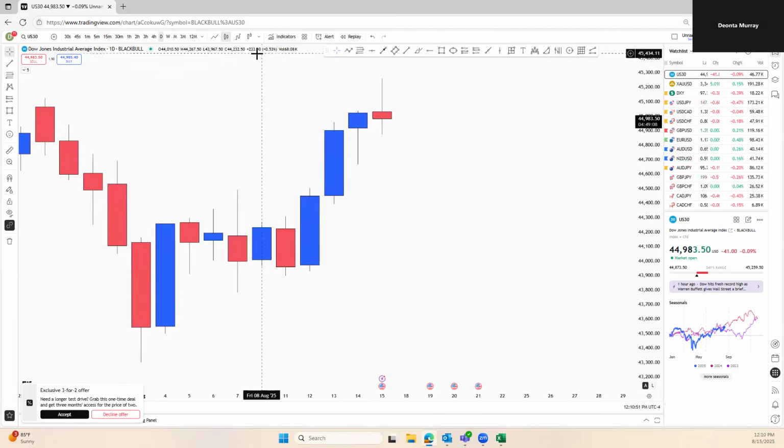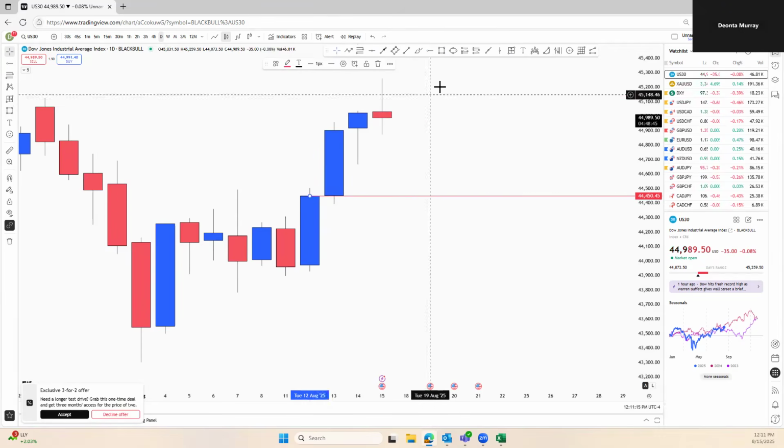So even if we look at the top here, we see a lot of things in percentage, but this right here shows you how far it pushed from the previous day's closing. The previous day, this candlestick that I'm on, it closed here. So let's highlight that. It closed here.